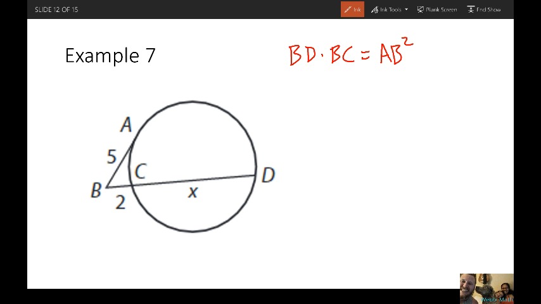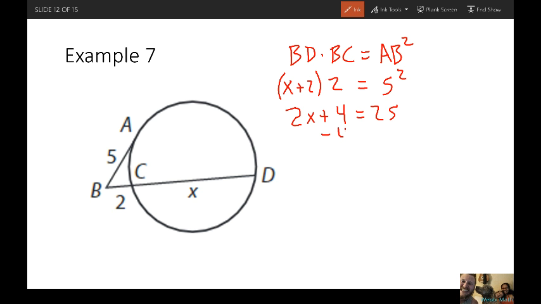So let's go ahead and solve. BD is going to be x plus 2, because that makes the whole secant line, times BC, which is the exterior, which is 2, equaling AB, which is 5 squared, because remember, we square the tangent. Let's distribute. We have 2x plus 4 equals 25.